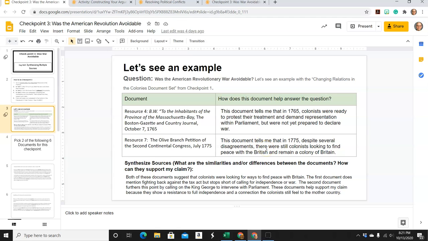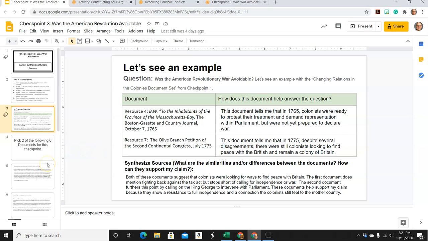And the Olive Branch petition is the colonists saying, hey, King, can we just work things out? If you look in the paragraph, the author does explain what each document is and how they both support the claim.